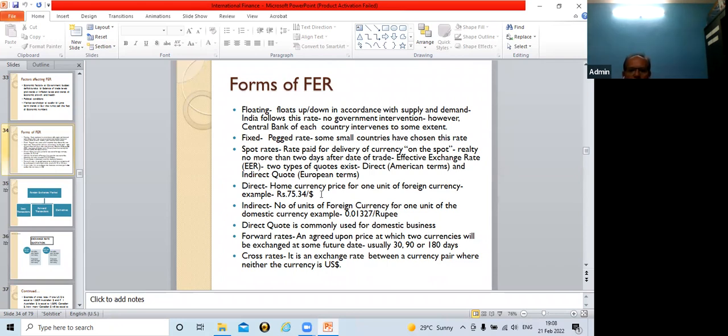Vice versa in indirect, the foreign currency is variable and the home currency is constant. Getting my example? If you are asked in the examination to recognize which is a direct quote and which is an indirect quote, can you recognize?